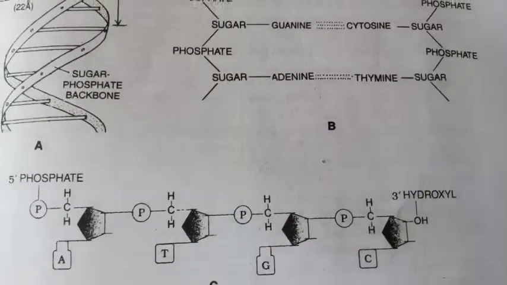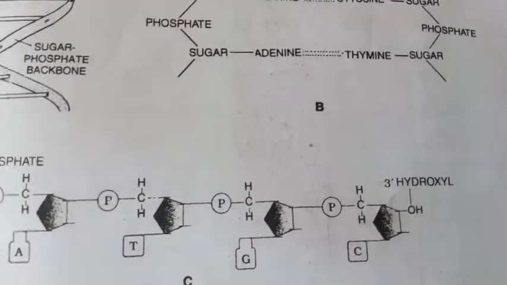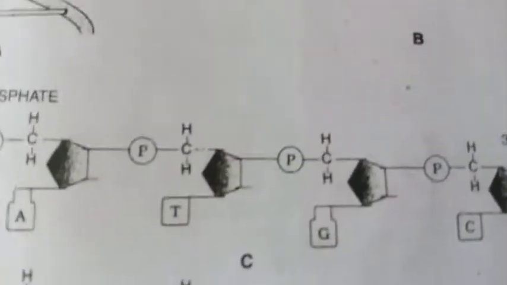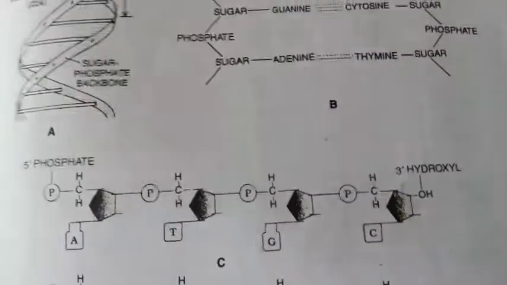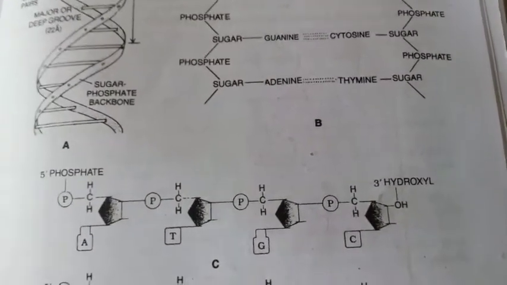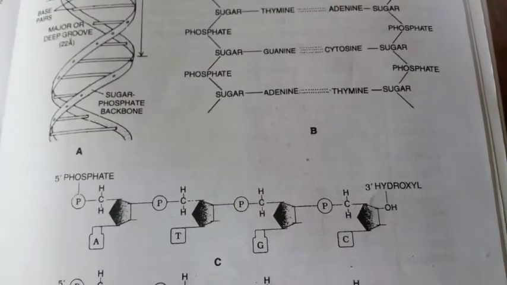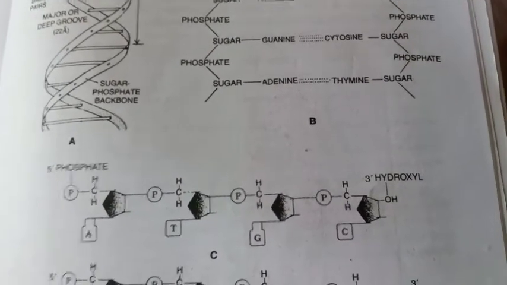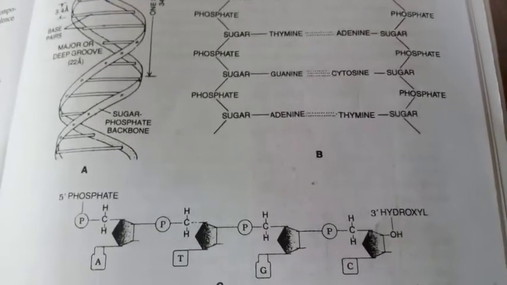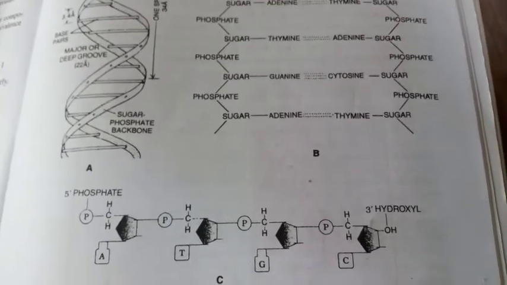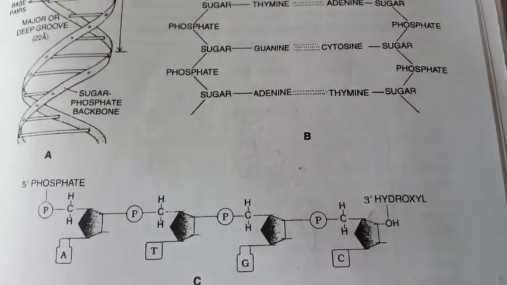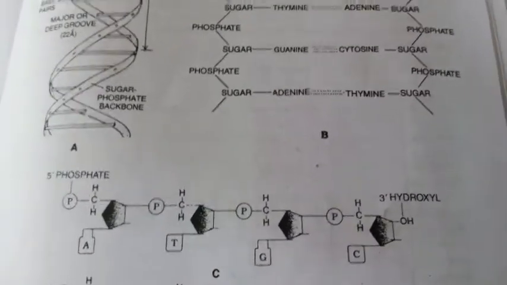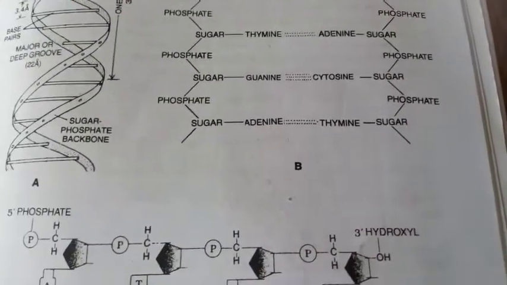Again the chain continues, and the second nucleotide has the thymine base, the third the guanine, and the fourth the cytosine. In this way a chain is formed, ultimately forming the polymer of DNA, beginning with 5' phosphate at the 5' end, and ending at the 3' OH hydroxyl group at the 3' position.